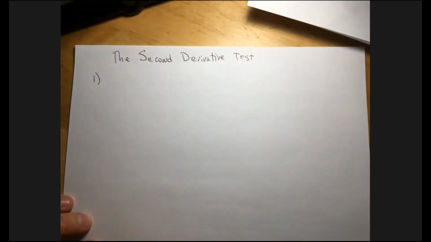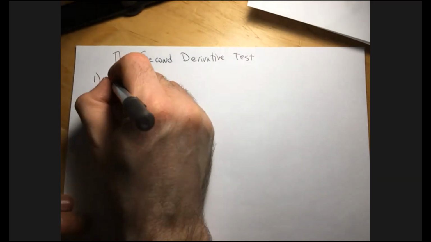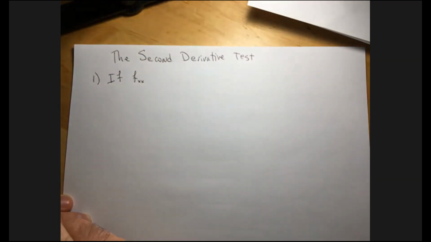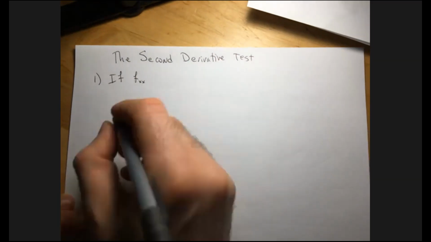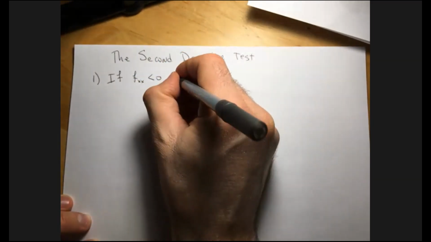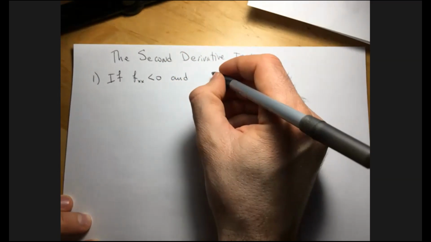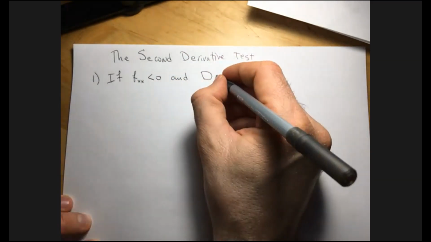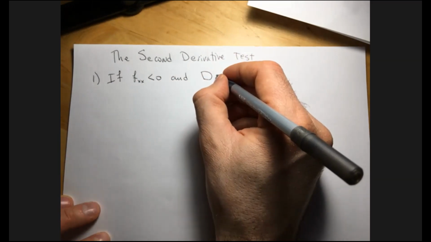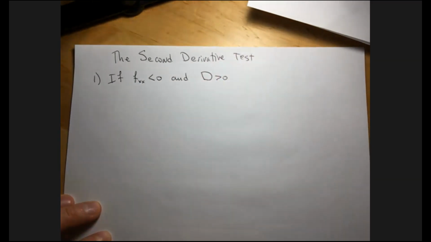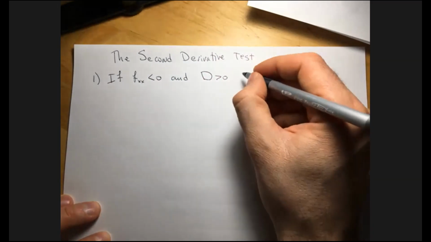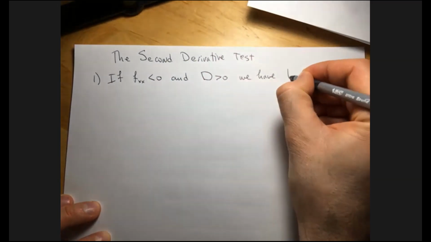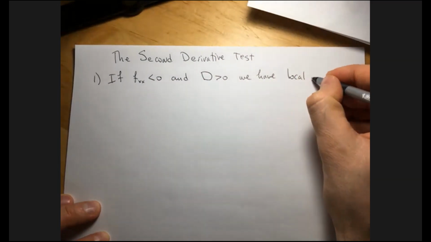1. If the second partial derivative with respect to x is negative, and this discriminant D that I'm just about to define in a second is positive, at the point (a, b), we have a local maximum.